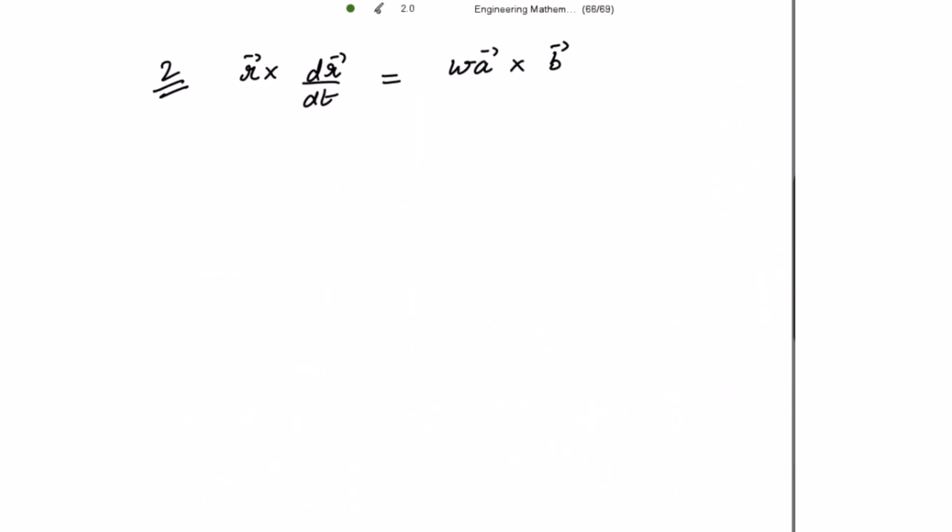And now the second part. Okay, LHS, what is r vector cross dr vector with respect to t?